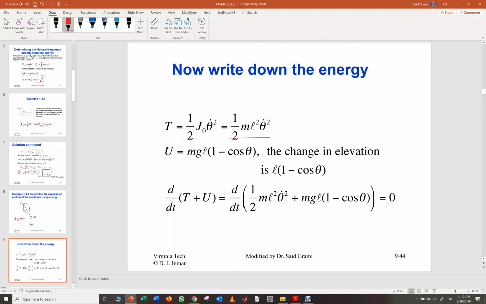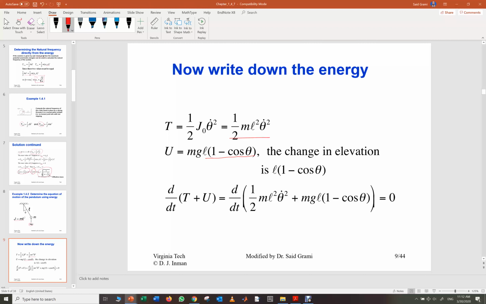The potential energy is mgL(1 minus cos theta). There is a change of elevation when the pendulum is moving, described by L(1 minus cosine theta). So this is the elevation of the mass when it's moving.